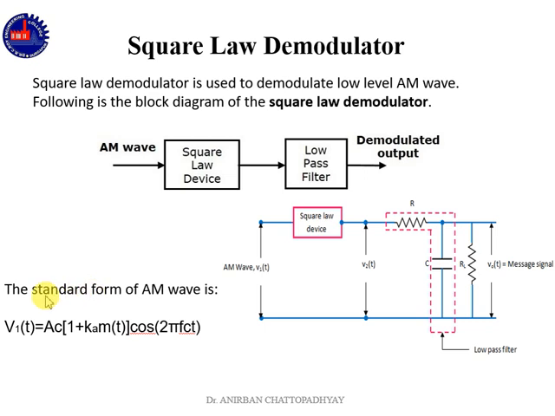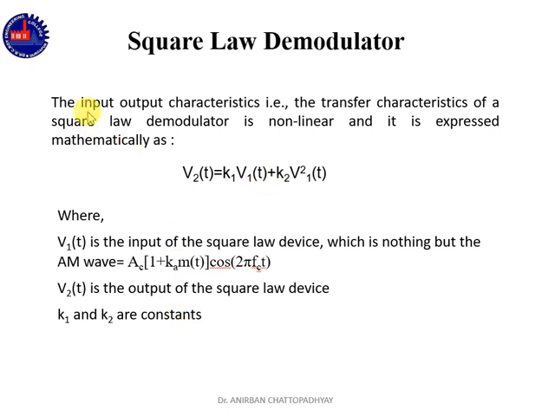We know the input signal is an AM wave, and I have already discussed the standard AM wave equation in my previous session. Here we consider Ac[1 + ka m(t)] cos 2πfct. Now the non-linear characteristics, mathematically we can express in this manner, as I already discussed in the Square-law modulator circuit.